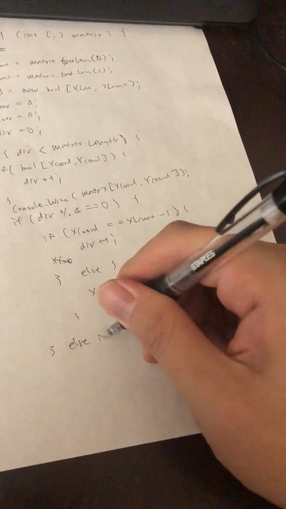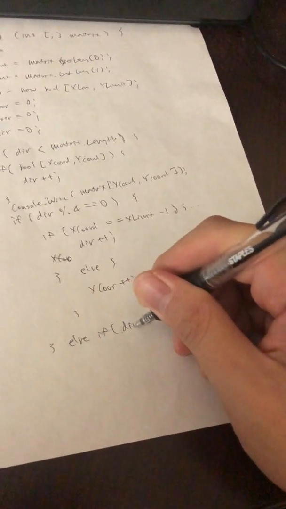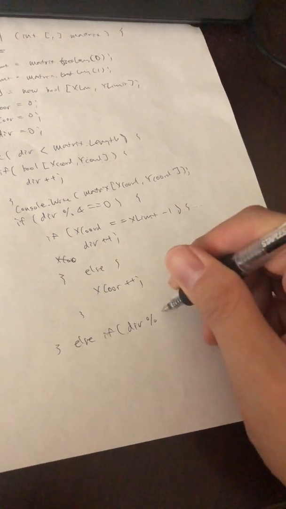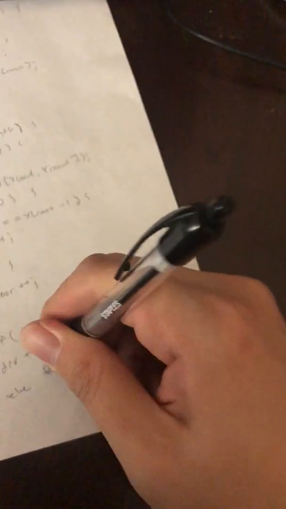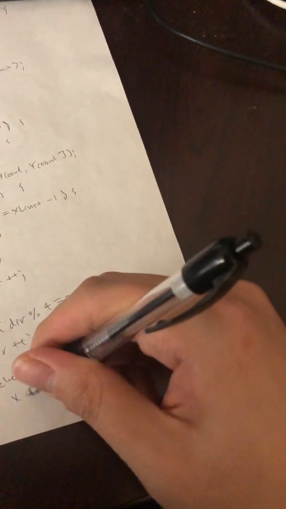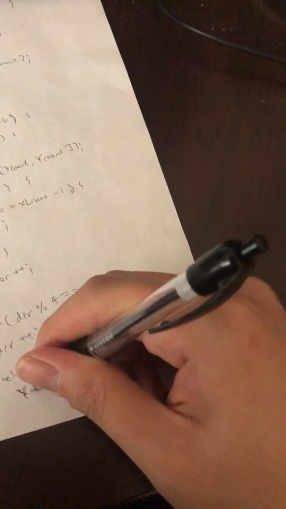And else if dir mod 4 is 1, that will be going down. So dir plus plus, else this time I'm going to increase the y coordinate.